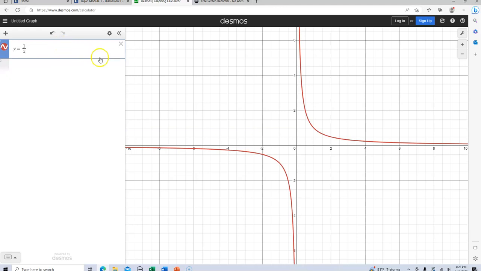And notice here that I have both a vertical asymptote at x equals 0, and a horizontal asymptote at y equals 0. And remember, what we're looking for here is one vertical asymptote and no horizontal asymptote.